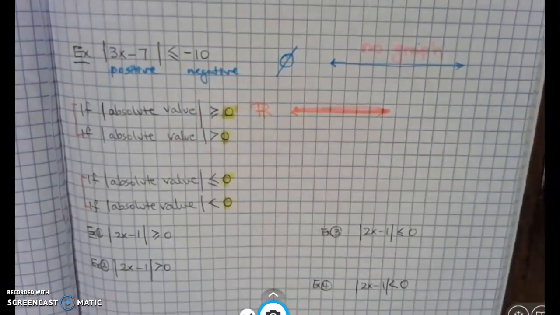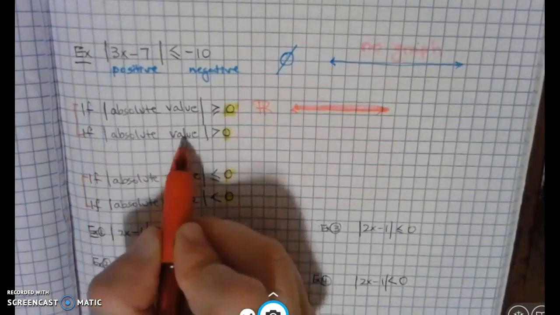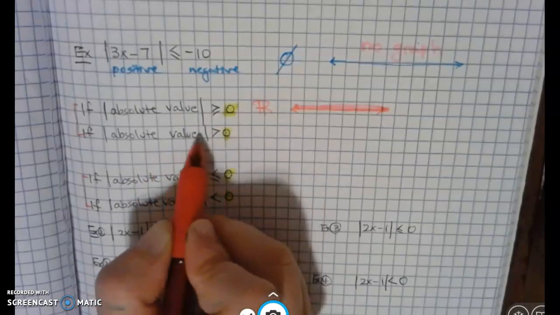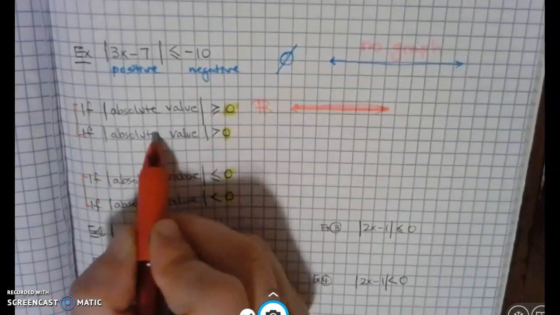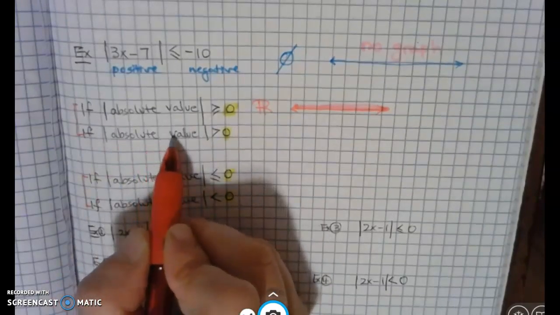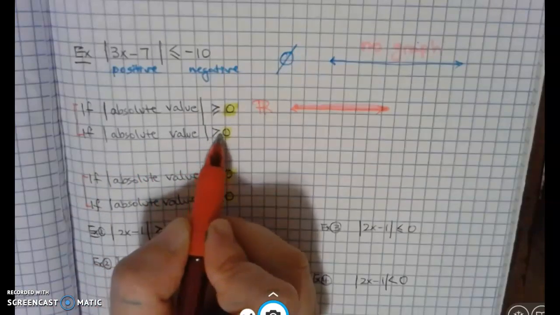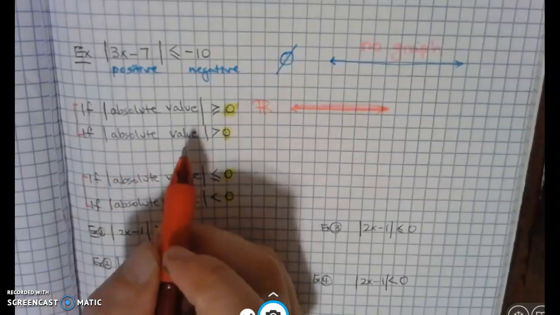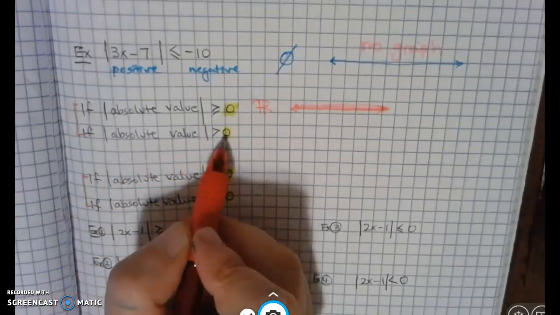Okay, what about if the absolute value of some expression is greater than 0? Remember, absolute value is always going to yield a positive number or 0. Well, if it's greater than 0, that means we can't have it be 0. If it's positive, then that's fine, but we cannot have it be 0.